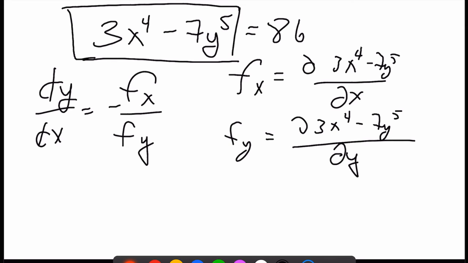Because the derivative of that 86 is always going to be 0. I could move the 86 over to this side and put a 0 here if I wanted to, right? We'll talk about that in a second. I could do that, but I'm not gonna do that. Okay? So what's this equal to?